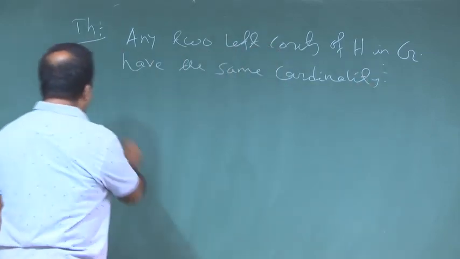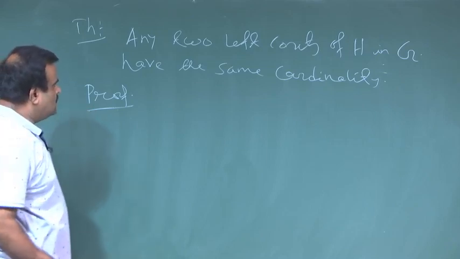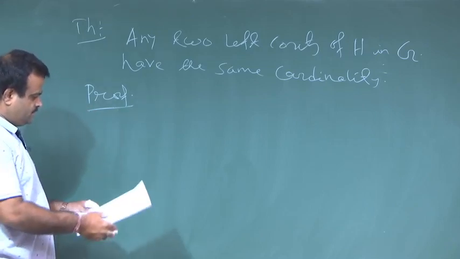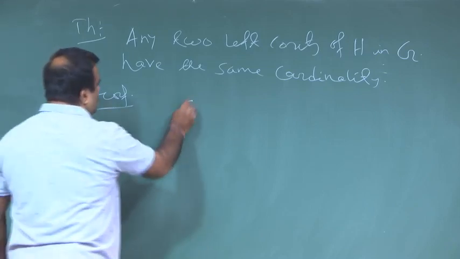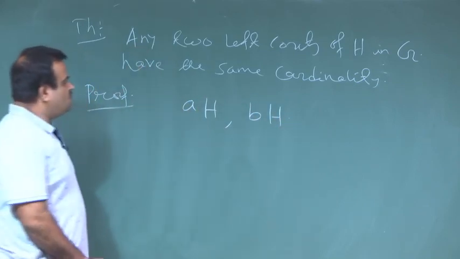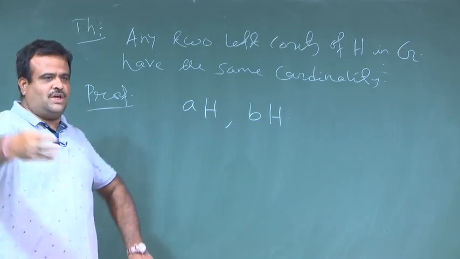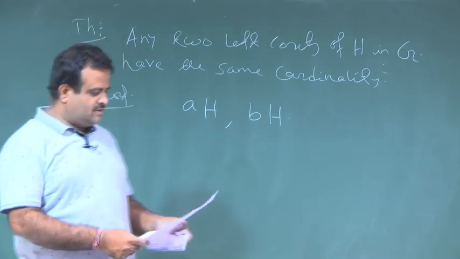So, how to prove that? Basically we take two left cosets, H and BH. Now, how to prove they have the same number of elements? If we can have an injective function from H to BH, then they are the same.